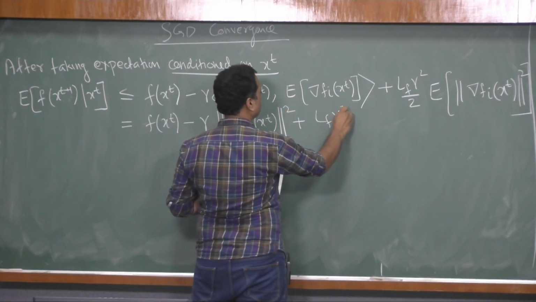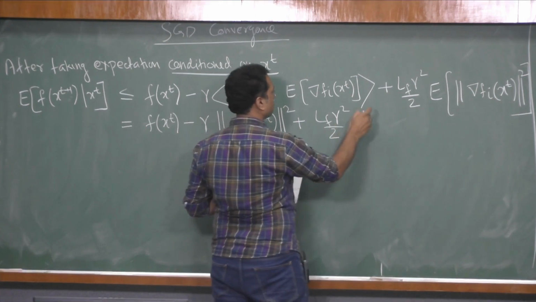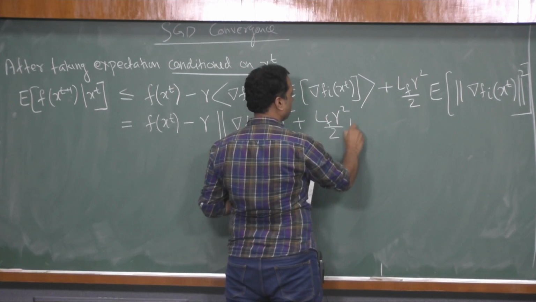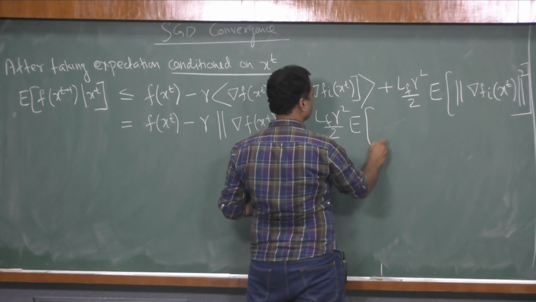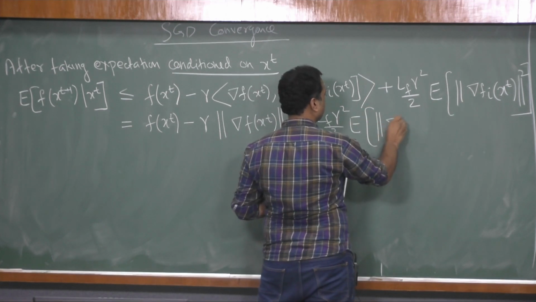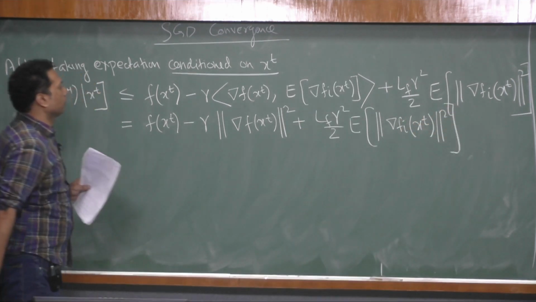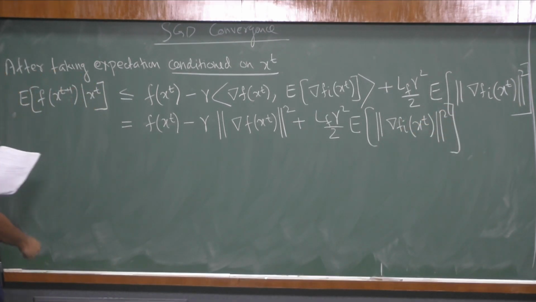Now we will apply as a next step variance transfer, because we don't want to see these gradients. In the theorem we didn't have them. So we know the trick to transfer gradients to function values via gradient transfer. So now we will do variance transfer.